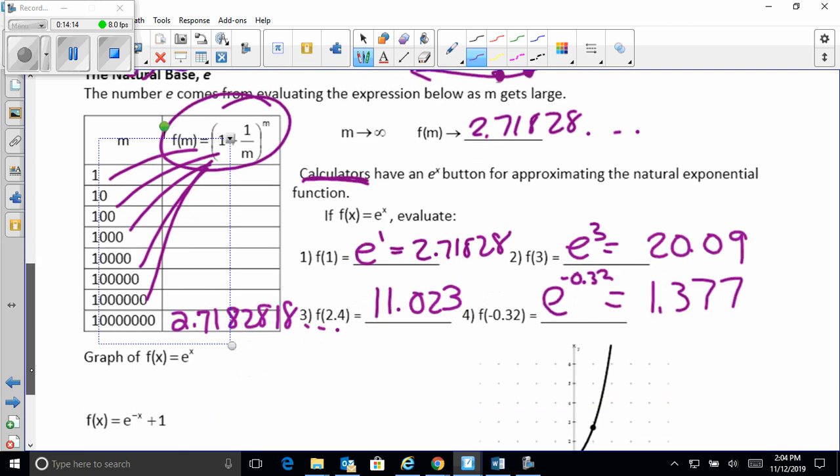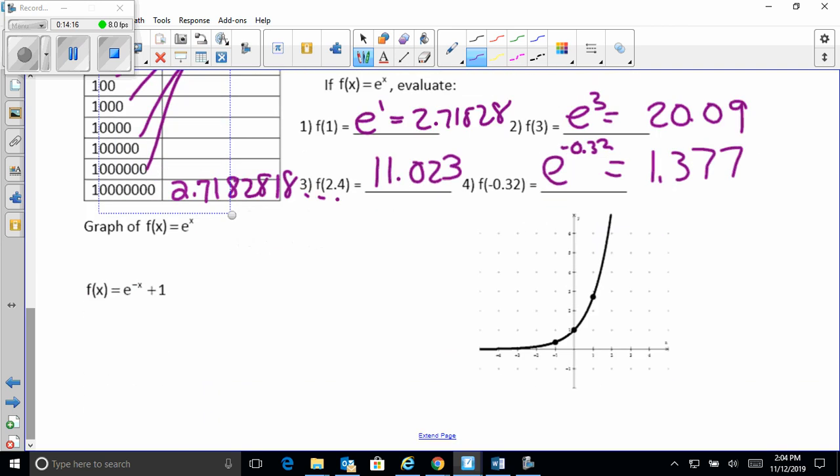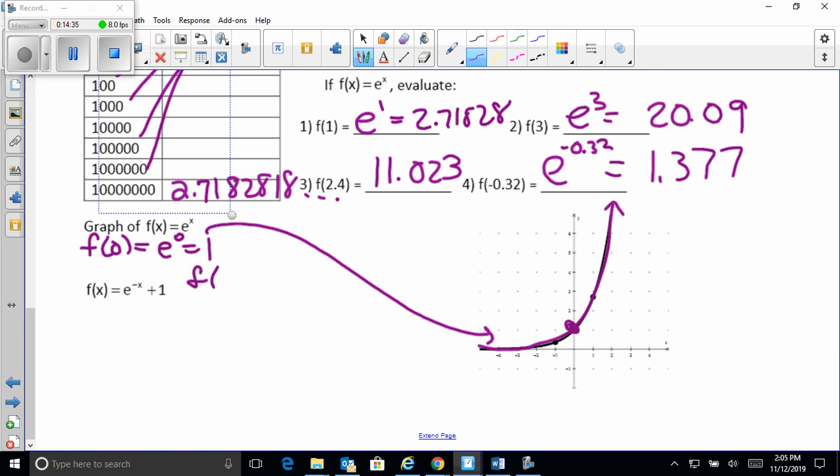Now, looking at the graph, you can see this is exponential growth. If we wanted to check those points, at 0, e to the 0 would be 1, so it has that point, see? And then we check at 1, e to the 1 is 2.71828, right there.